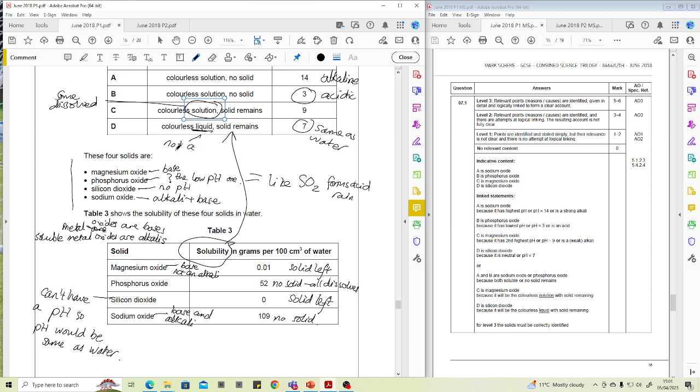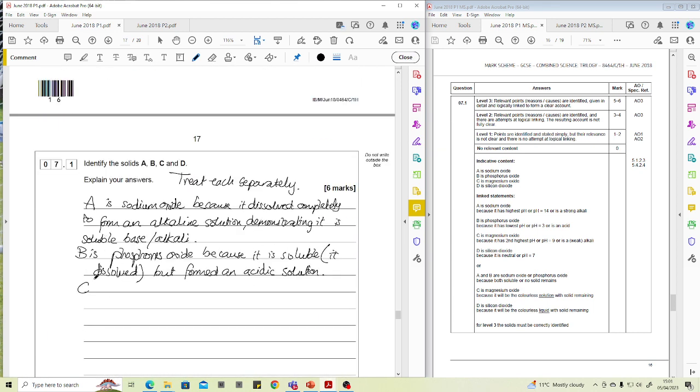So we can tell the difference clearly between C and D. C dissolved only slightly, and the solution was slightly alkaline. So C is magnesium oxide.